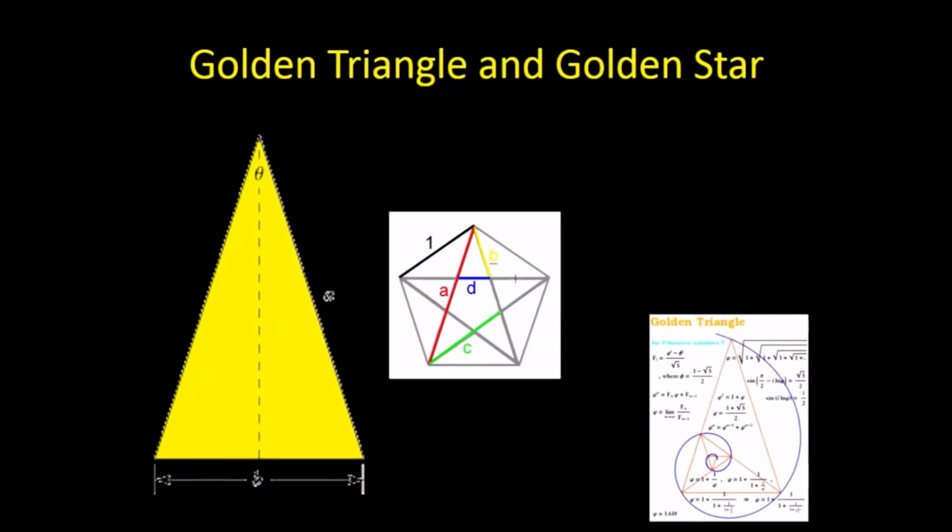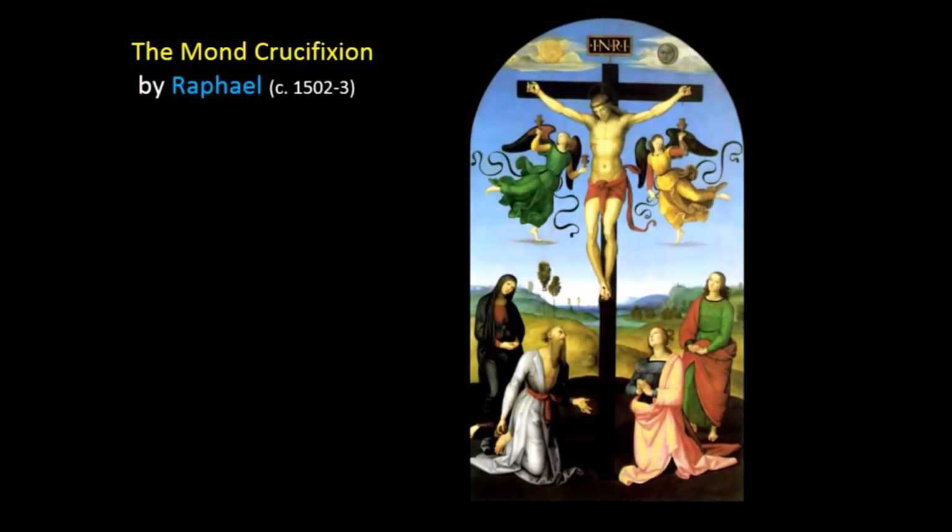Other ideal proportions can be found in the golden triangle and the golden star. Raphael's The Mond Crucifixion uses both to perfectly proportion the various figures in relation to the figure of Christ.